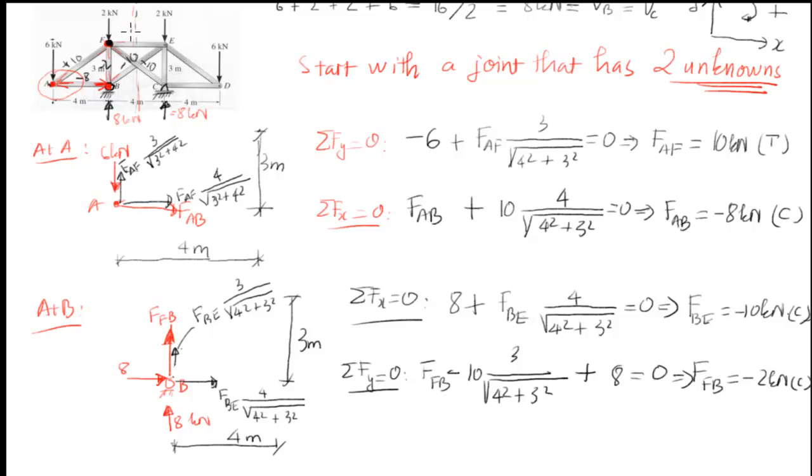This one I got +16, and this one is the same here, so -2. This one is the same as AB, so -8, and ED is the same as AF, so +10. If you follow my steps and then find the rest at point F, you will be able to solve the whole structure like this.